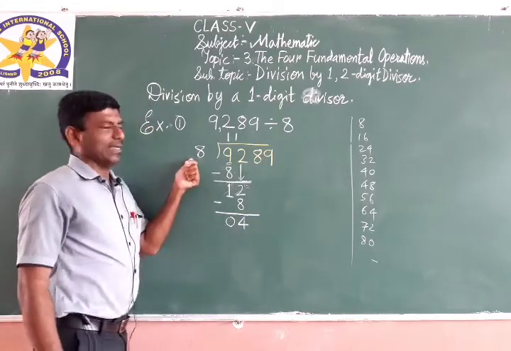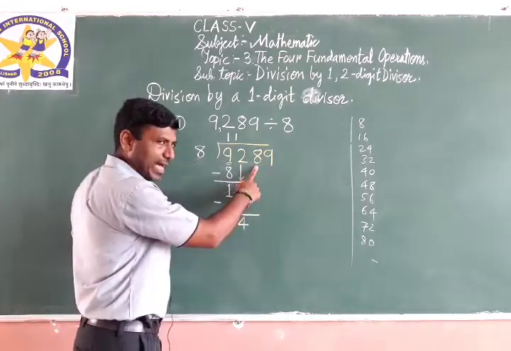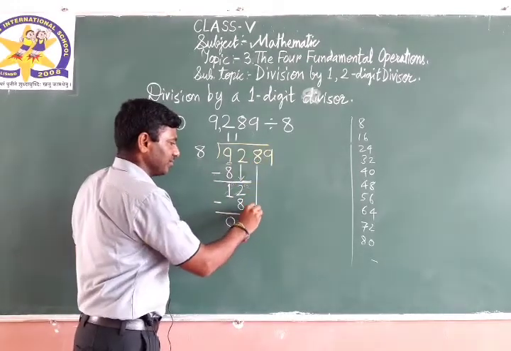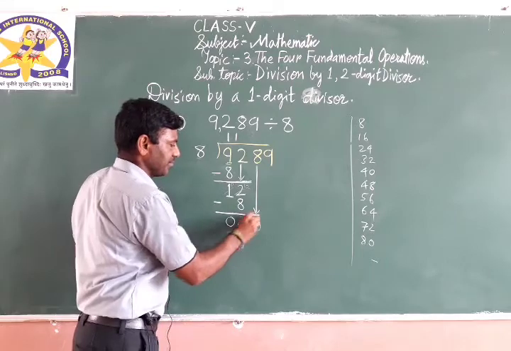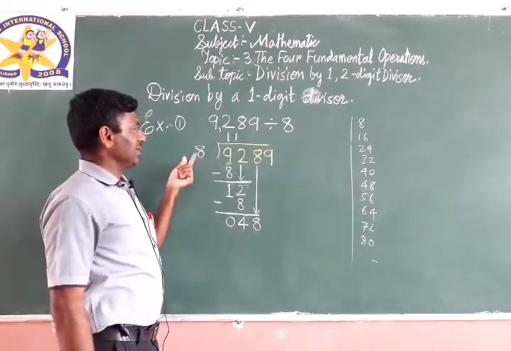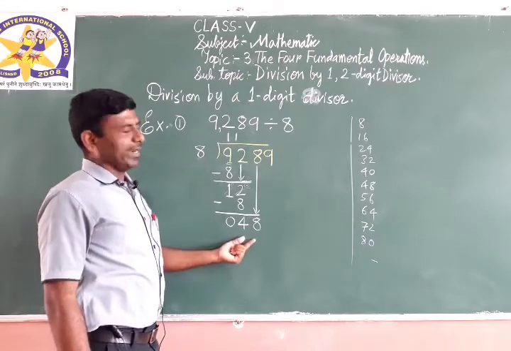Now again 4 is less than 8. So we have digits remaining. Put the 8 down. Now 48. Yes, 48 is bigger than 8. Now in 8's table, 48 is there.